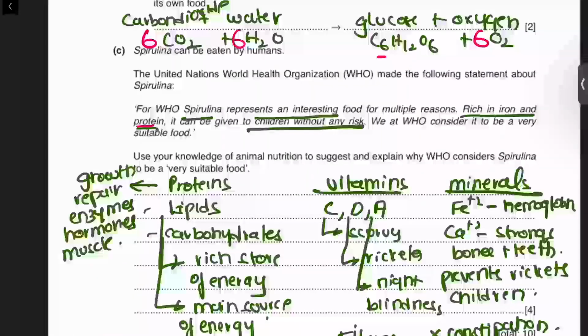Lipids, the source is milk, fat, right? Certain fruits like avocados are rich in lipids. Carbohydrates: bread, pasta, sugars, all important. Vitamin C is present in fresh fruits and vegetables and green leaves.